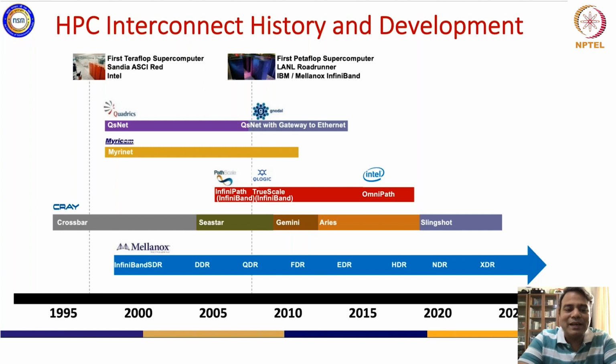Then there was an explosion of multiple standards and technologies by the end of the 1990s. Towards 1999 and 2000, there were companies like Quadrics, Myricom, and Mellanox which standardized high performance interconnect for HPC and HPC clusters. Actually, there was no AI back then.